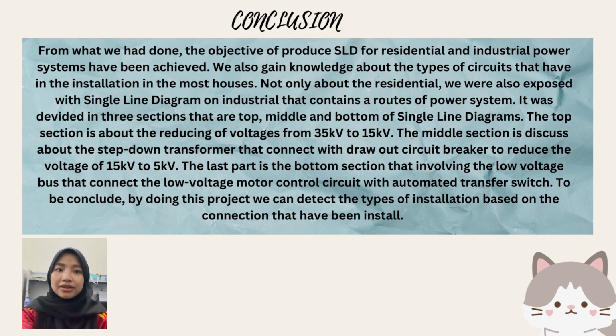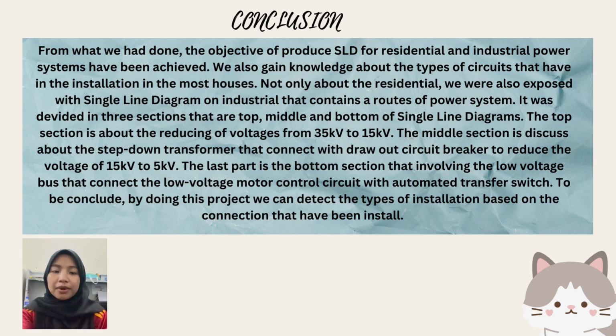Not only about the residential, we were also exposed to the single line diagram on industrial that contains a route of the power system. It was divided into three sections that are the top, middle, and bottom of the single line diagram.